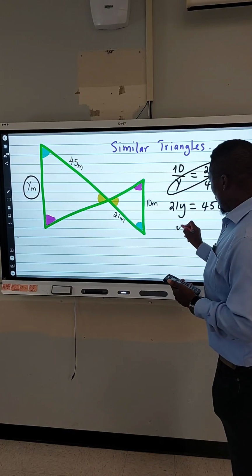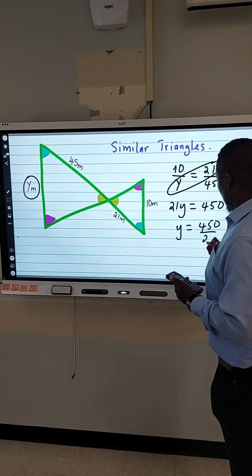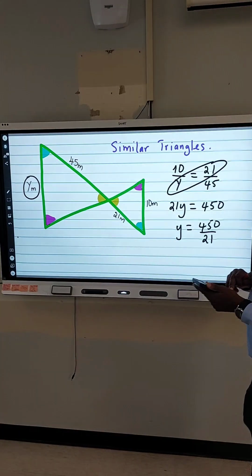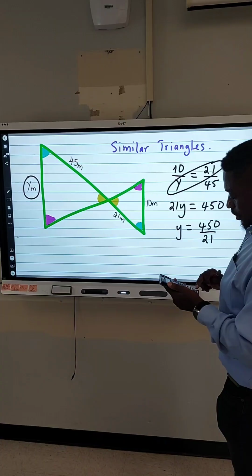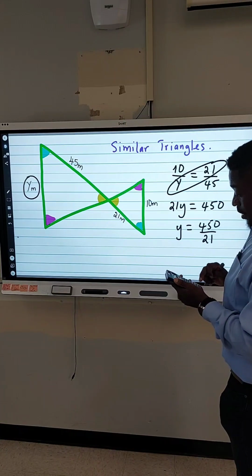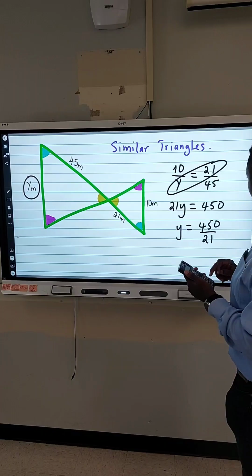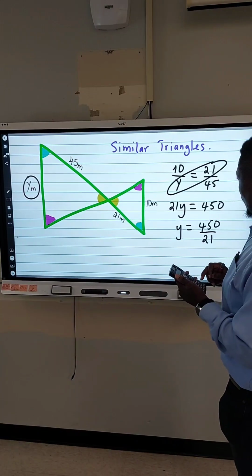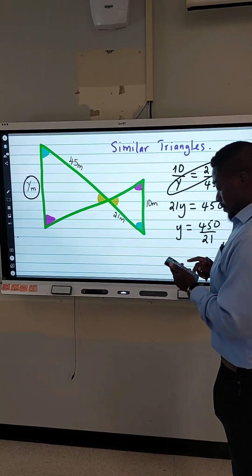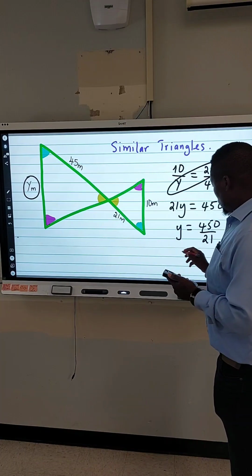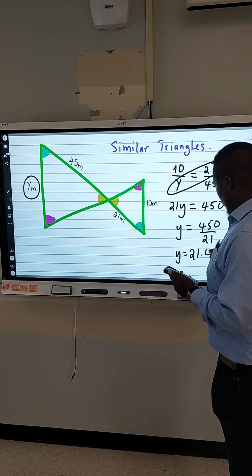So y equals 450 divided by 21. And now we know the height of that triangle. It is 21.4.